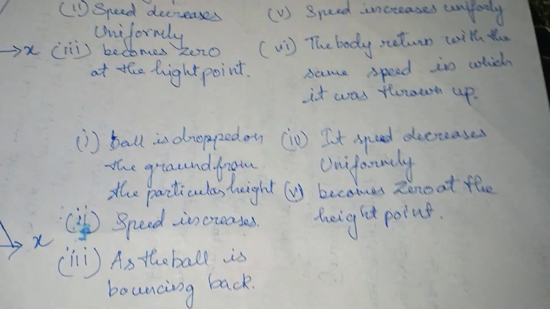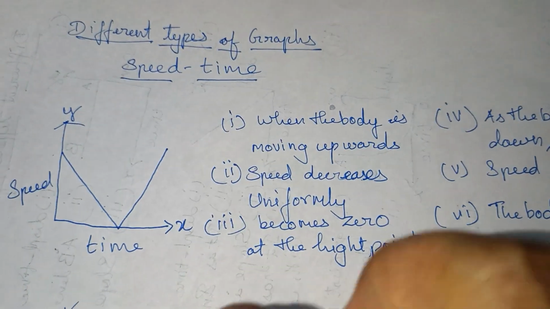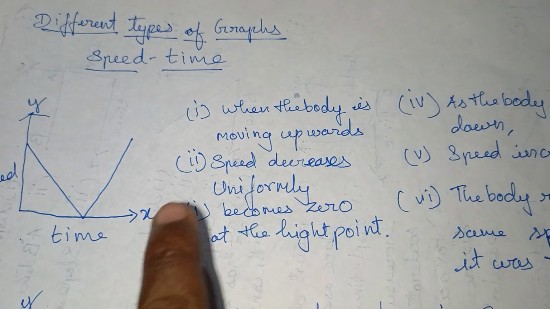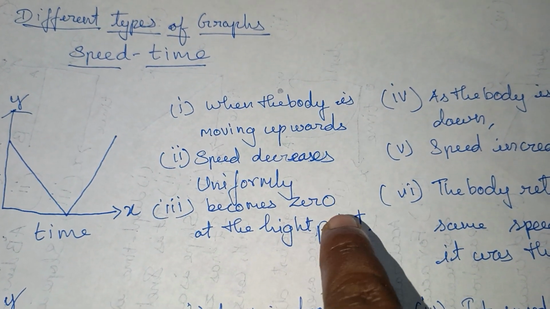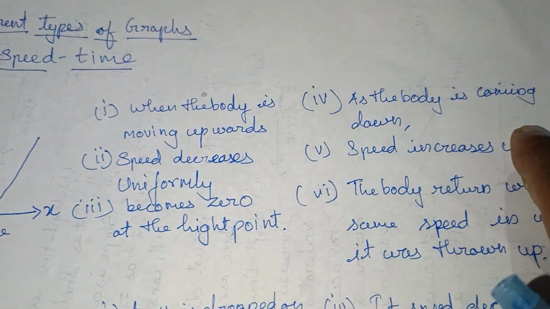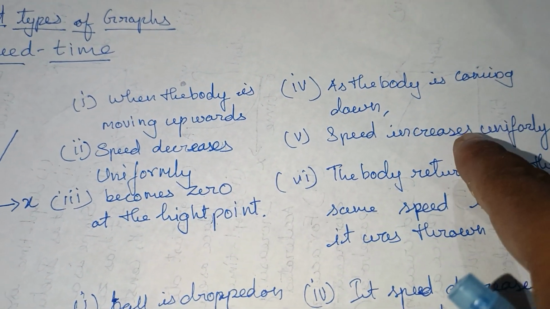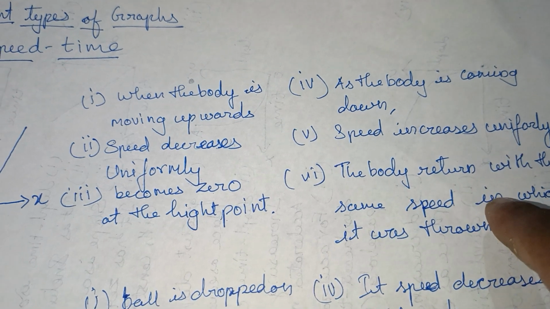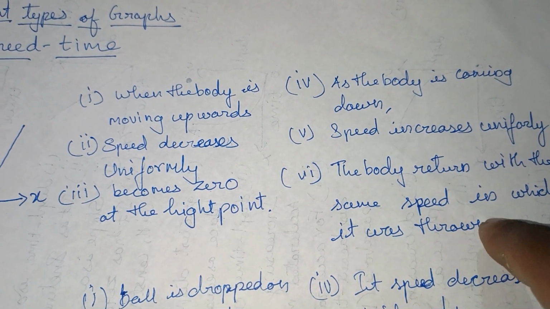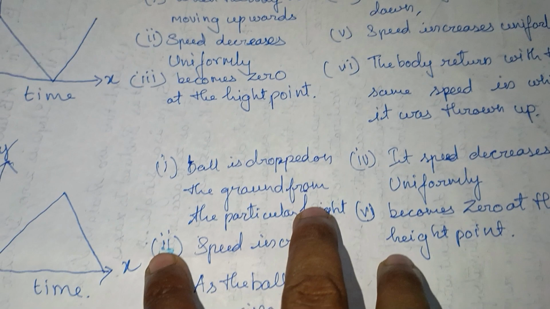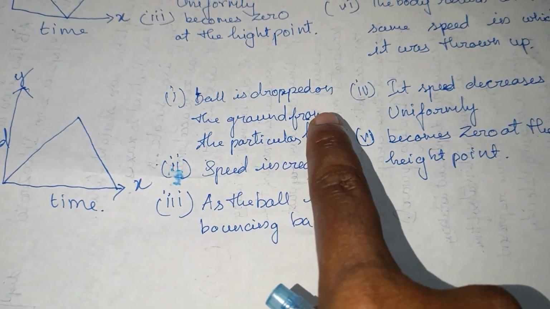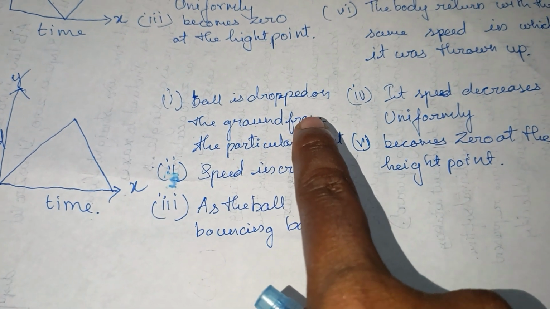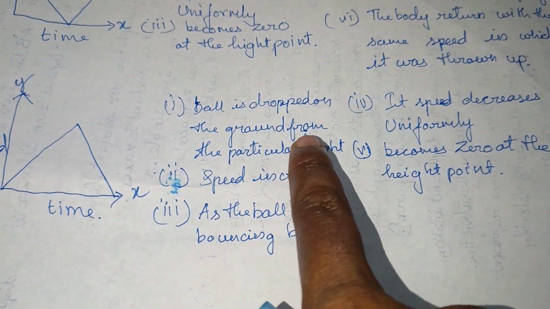Let us recapitulate the points one by one. This is the speed-time graph. When the body is moving upward, its speed decreases uniformly and becomes zero at the highest point. When the body is coming down, its speed increases uniformly and it returns with the same speed with which it was thrown up. In the second speed-time graph, the body is taken as a ball.